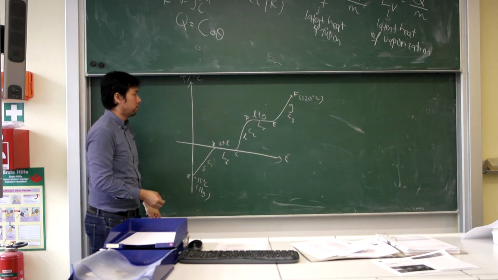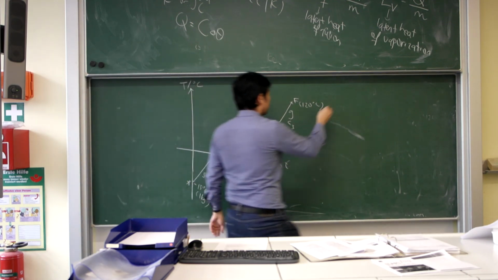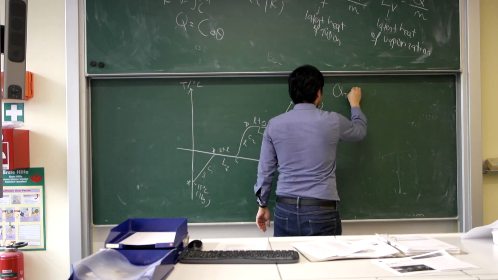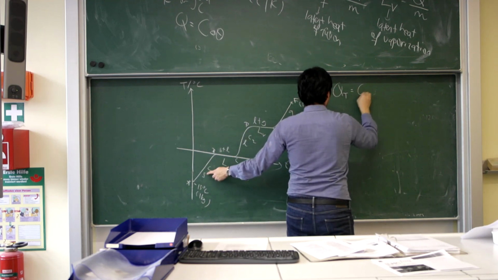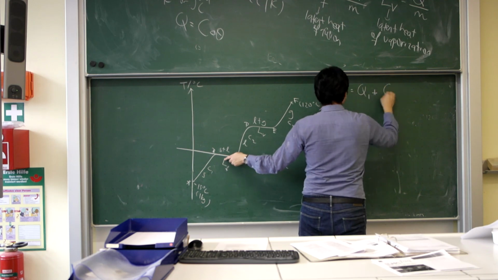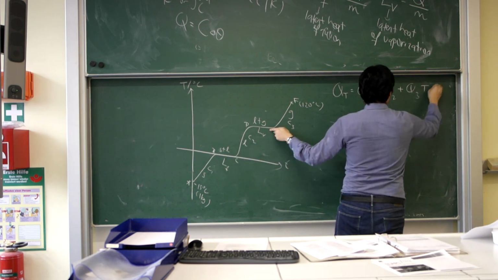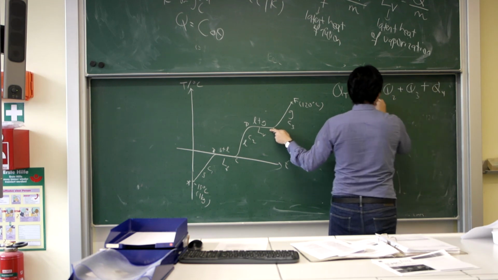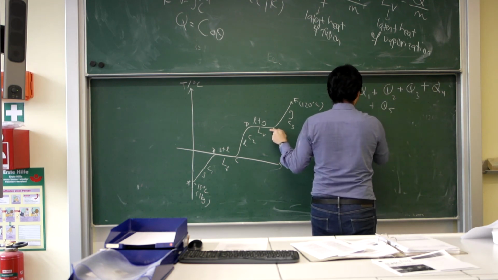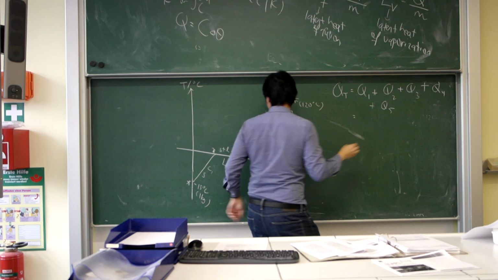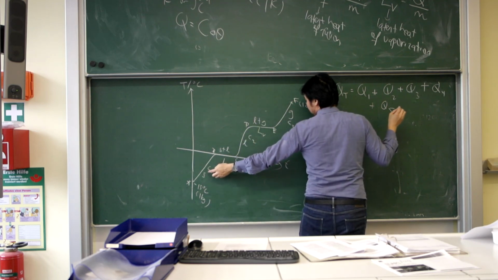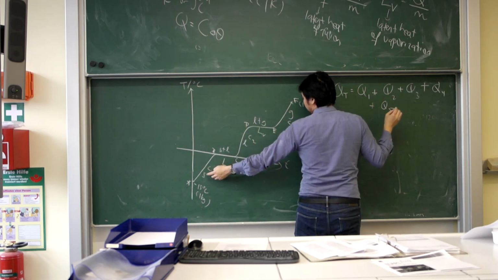So a few things you guys need to know. What's the total heat, guys? There's a heat for each section, so Q1 plus Q2 plus Q3 plus Q4 plus Q5. Let's go one by one. What's Q1 over here? mL or mc delta theta? mc, correct.